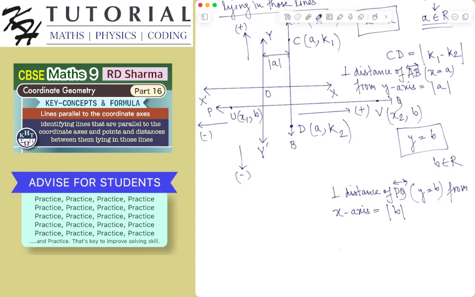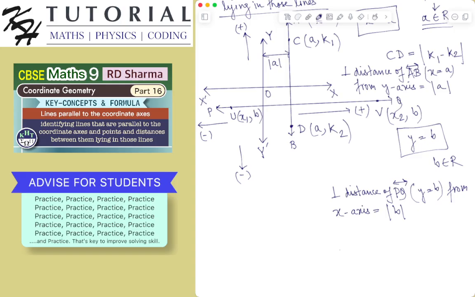So the point U is at a perpendicular distance of modulus of b from the x-axis. Also, point V is at a perpendicular distance of modulus of b from the x-axis.